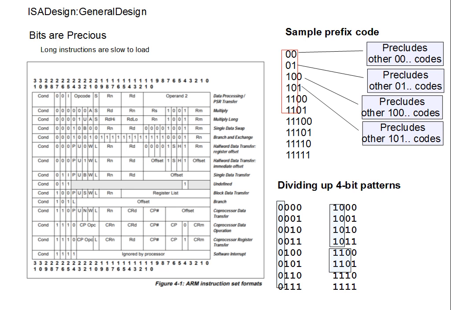It's common for ISAs to distinguish machine instruction formats by putting fixed bits at the start of each format, but the fixed bits must generally be a prefix code.